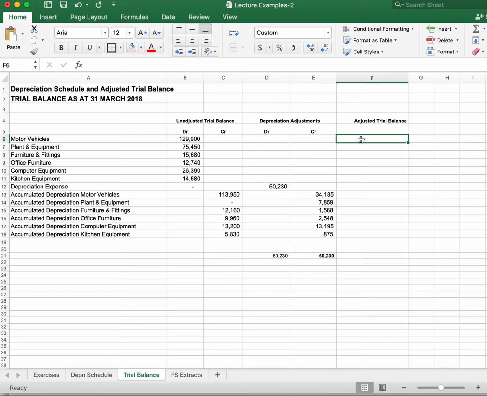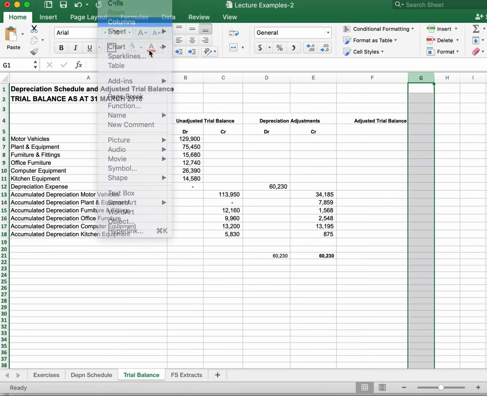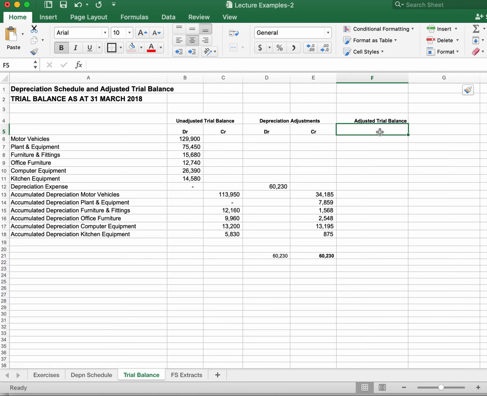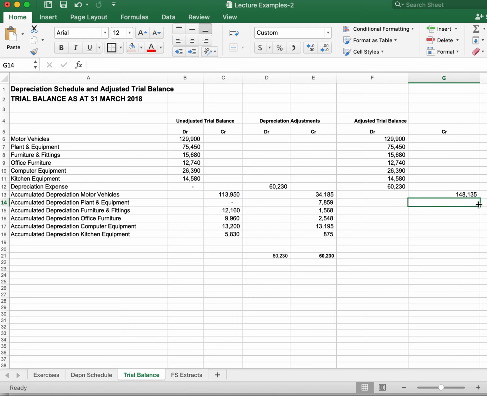So the adjusted balance is... These balances are all credit against credit, so it's just a simple summation.